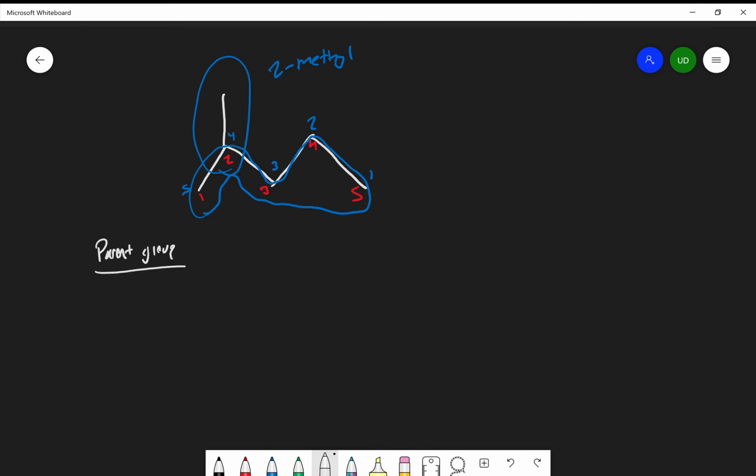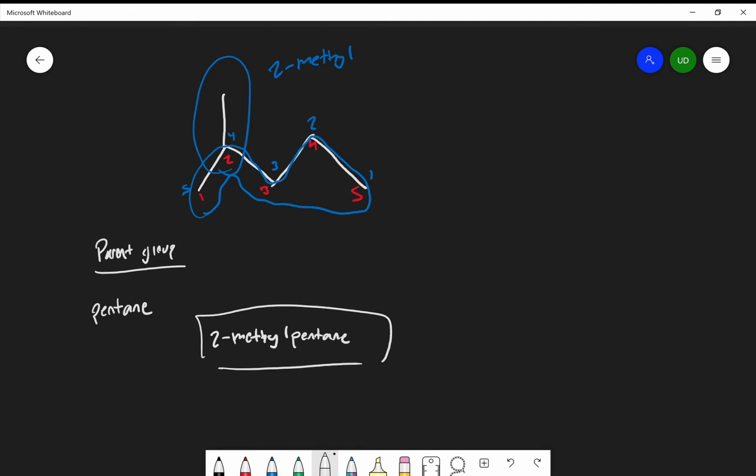It's 5 carbons, which is pentane. So now you want to put the substituents first. So it'd be 2-methyl, and then the parent group last, pentane. So this is the correct answer for this.